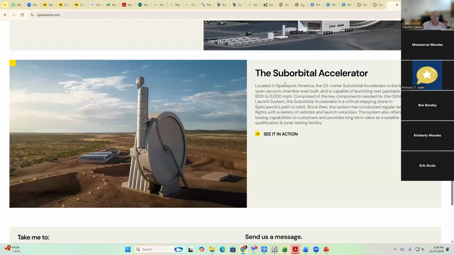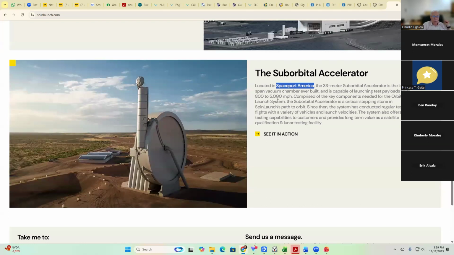Let's see, Spaceport America. Where is Spaceport America? It is a 33-meter suborbital accelerator in vacuum. What we have here is a vacuum inside this device, the idea being to bring down the air friction.